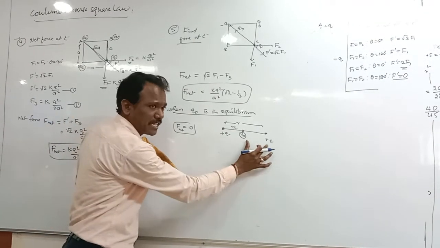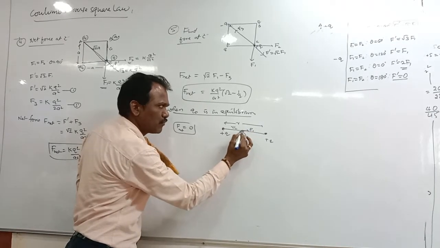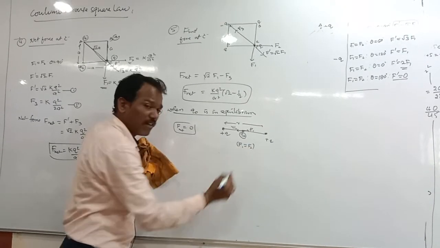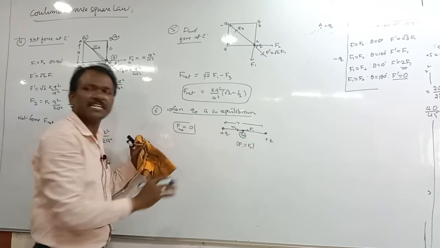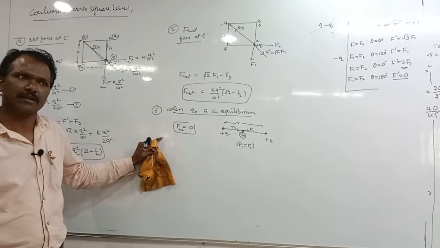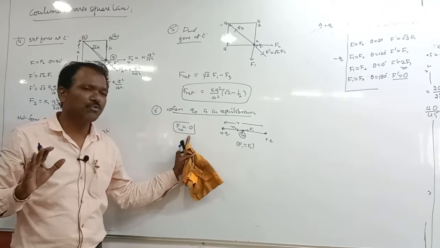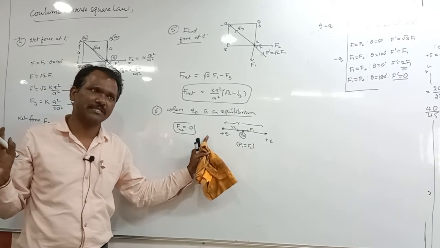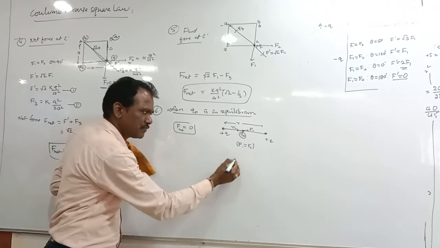When at equal distances and equal magnitude of forces F1 and F2, here F1 is equal to F2. Why? Here magnitude of forces are the same and the distances are the same. When equal and opposite forces are present on any charge, the force is 0, that charge is in equilibrium position or rest position we can say, right? So what are the conditions or other examples?